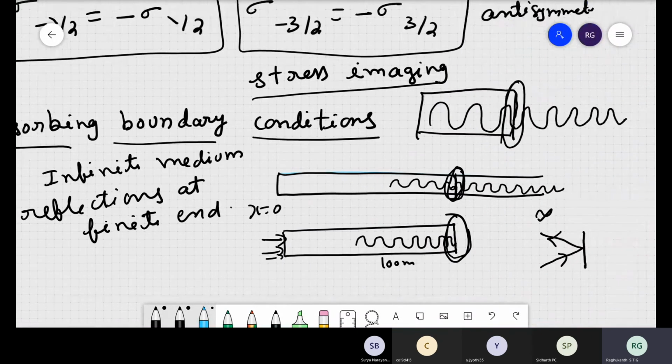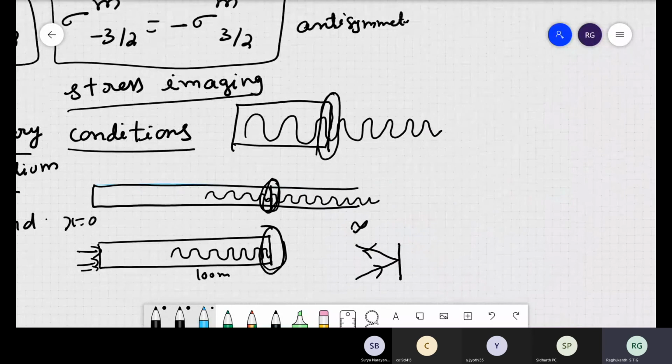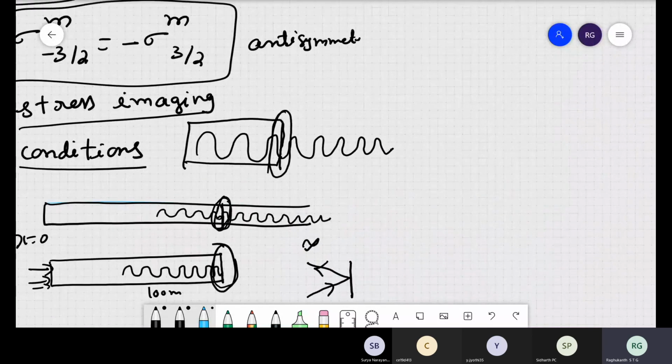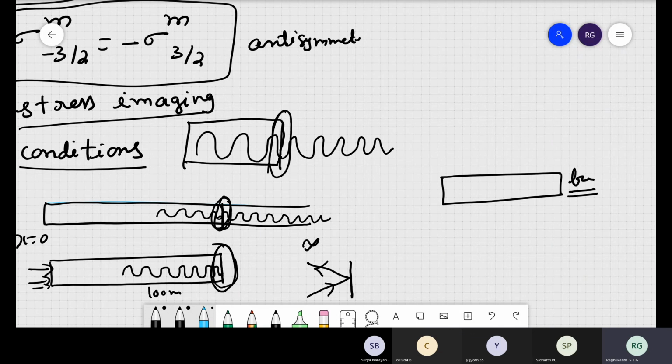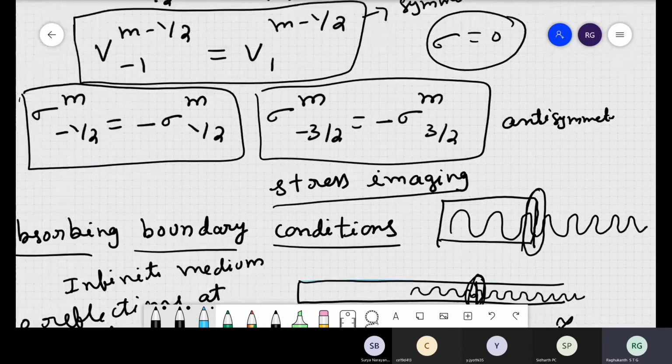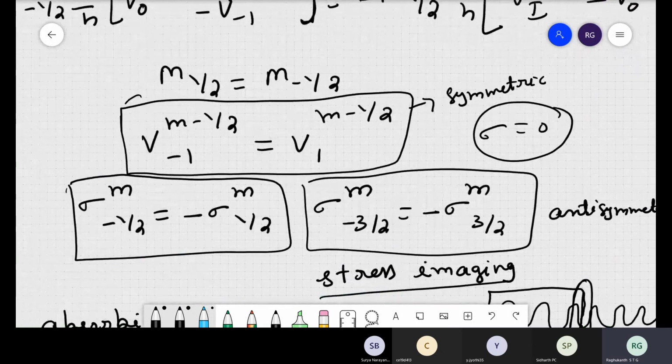So infinite media are a very big problem in our numerical calculations. If you make this end fixed or free, what happens at the free end? Just now we have seen. What happens to the velocity? See here, what is velocity?